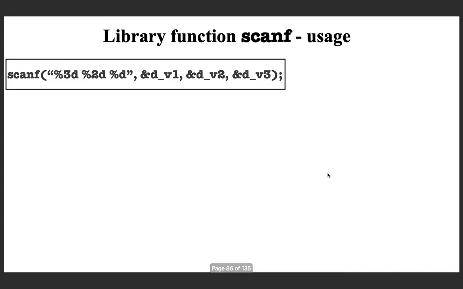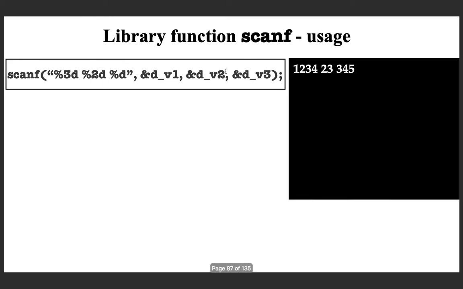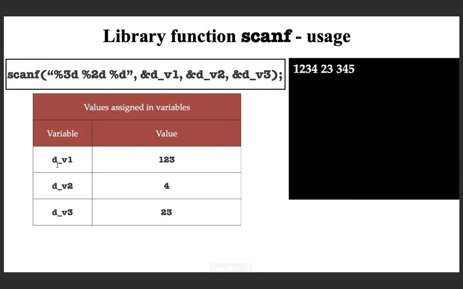Another use case, here I am using a number between percentage and d. What is it? You see, I am reading 3 decimal values, these are the values. What is actually read is, to the first variable I am getting only 123 because 3 here means maximum of 3 digits, so 123.